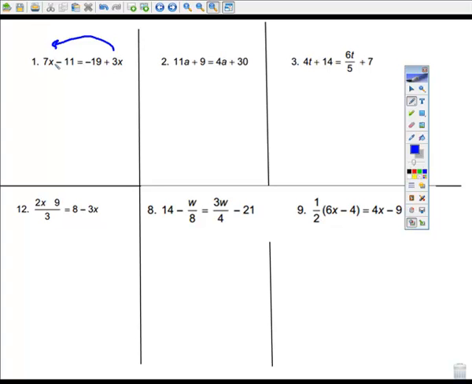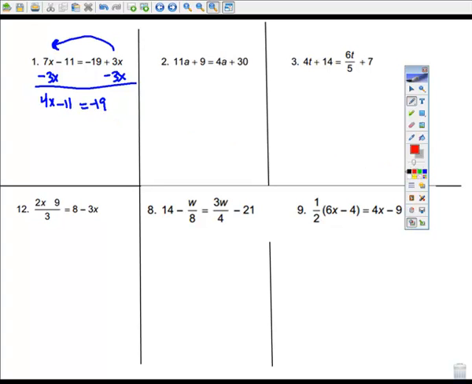I really don't care ultimately as long as you show your work and you are successful with it. But for our purposes, I'm just going to show it this way. So to move this entire term, I need to subtract it. The only way you can move an entire term is by adding or subtracting. So I have 7x minus 3x is 4x. I bring down my subtract 11 equals negative 19.